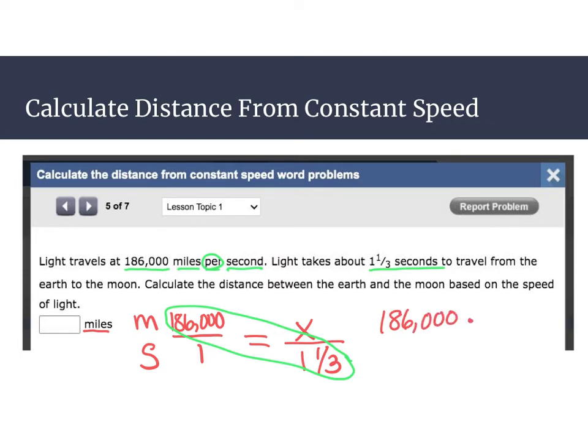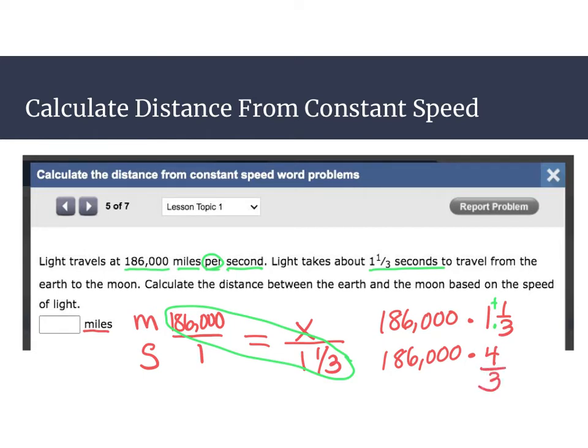186,000 times 1 1/3. Now, we know that when we multiply fractions, we can't just multiply by 1 1/3. We're going to change it into an improper fraction by multiplying 3 times 1, add the 1 for the numerator, and we get 186,000 times 4/3.